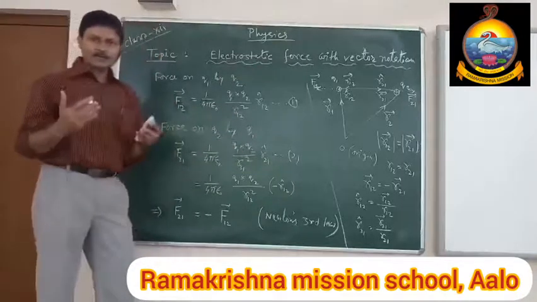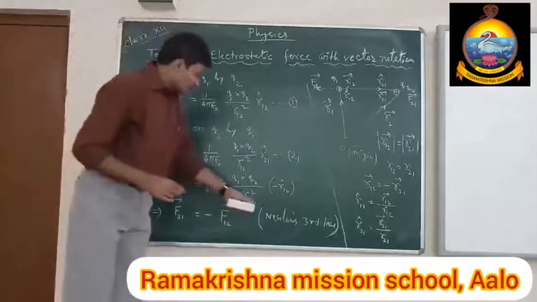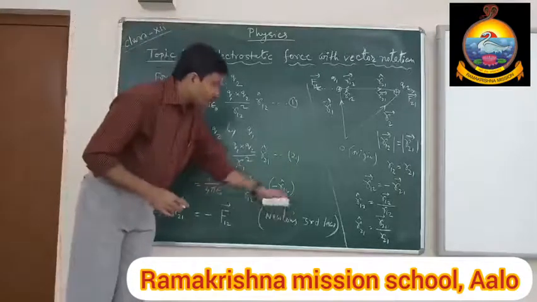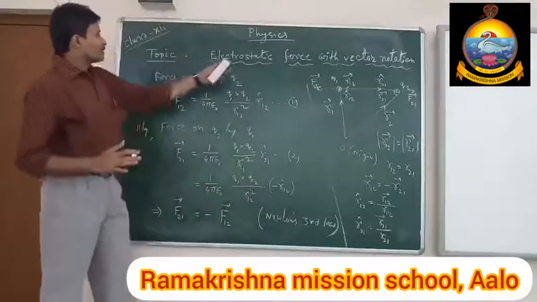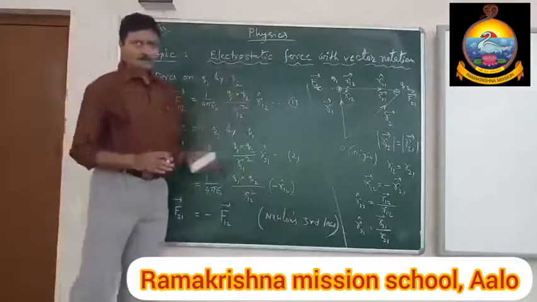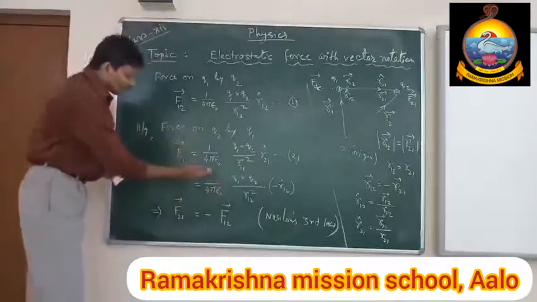But if the question is different, consider if you are asked to verify Newton's third law of motion, that is, if the question is whether Coulomb's law or electrostatic force law obeys Newton's third law, then you have to go one or two more steps.